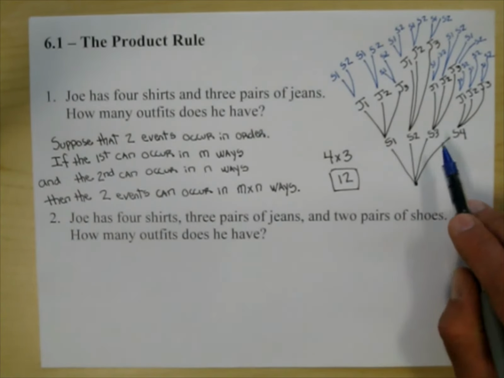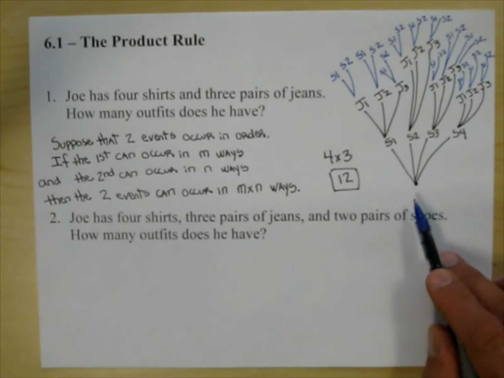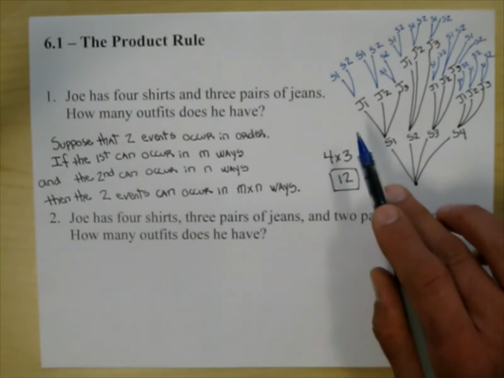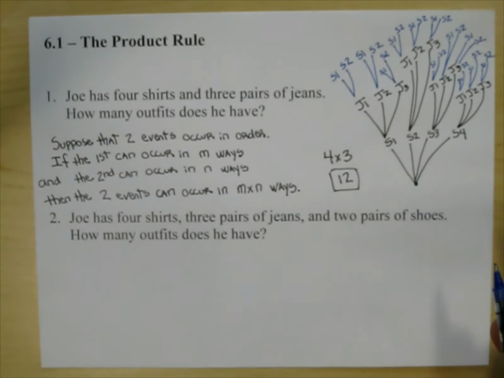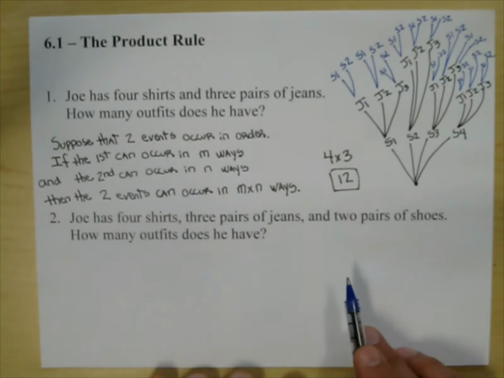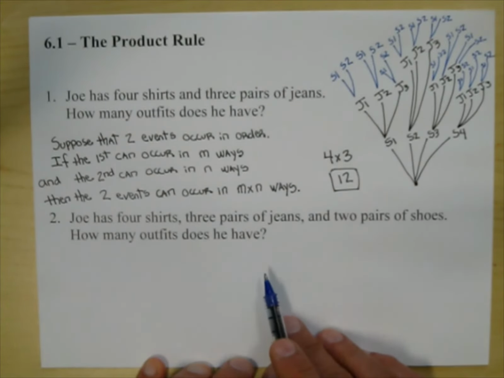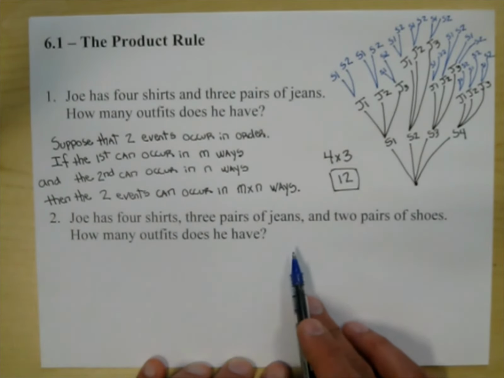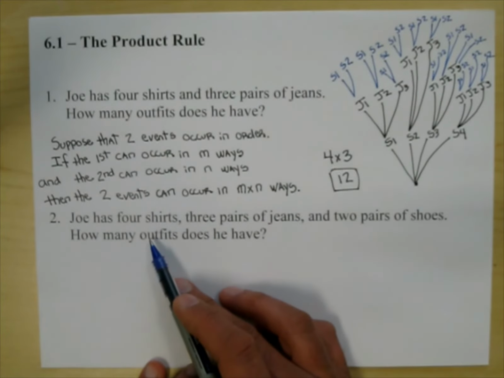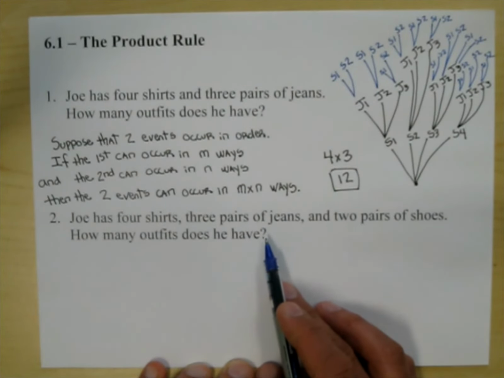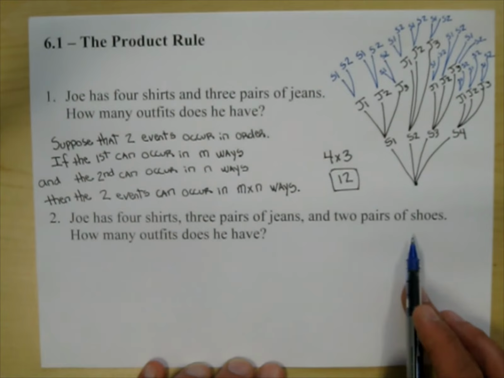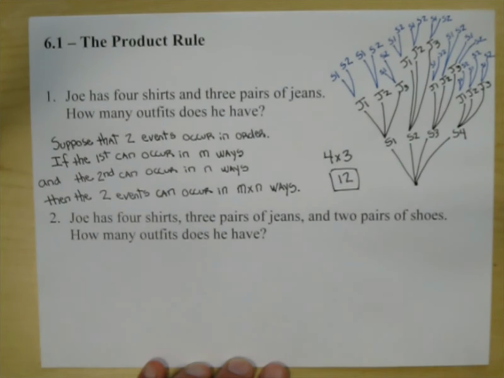Now, you can count how many paths there are from root to each leaf, or you can just count each of the leaves. But a way of doing this is now we have 3 events that are happening, not 2 events. First I pick a shirt, then I pick a pair of jeans, and then I pick a pair of shoes. And we're assuming that I'm going to pick matching shoes.